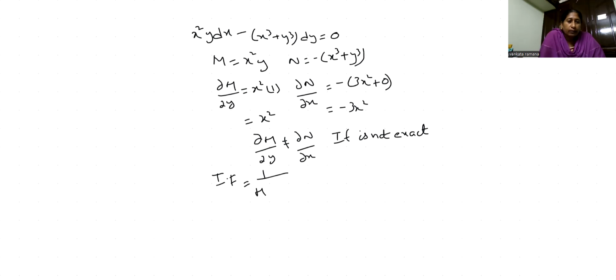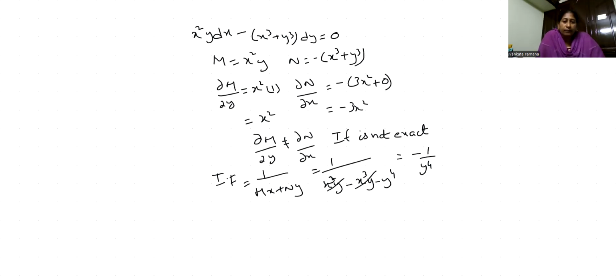Here M is x square into y, so we multiply by x to get x cube y. N is minus (x cube plus y cube), so we multiply by y to get minus x cube y minus y power 4. The x cube y terms cancel, and we get 1 by y power 4. This is the integrating factor.